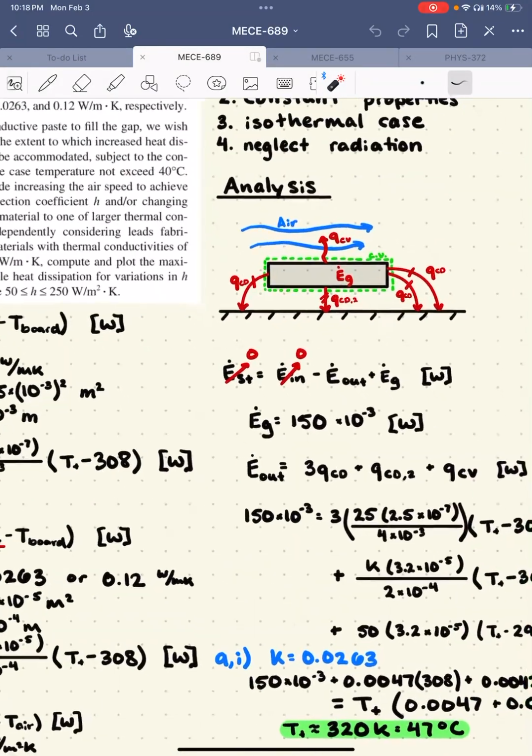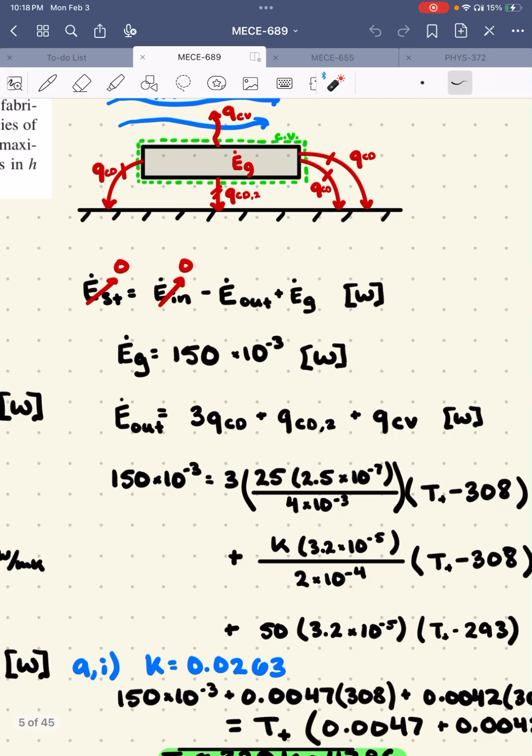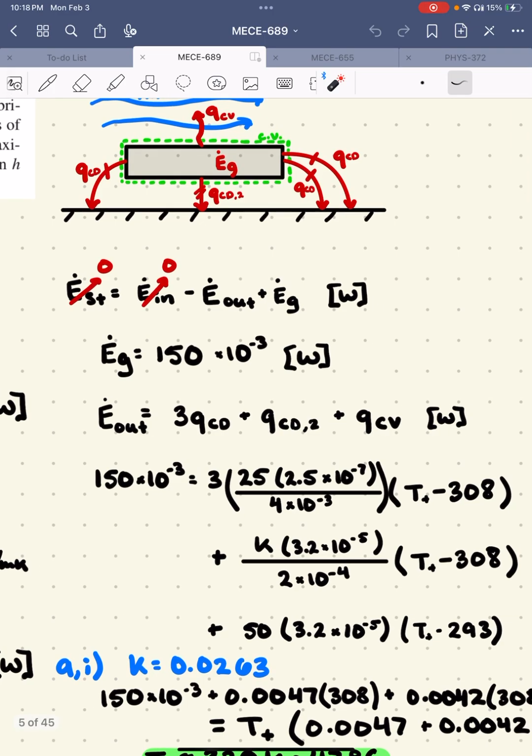So to start out, we have the energy balance equation, where energy stored is equal to energy in minus energy out plus E dot generated. And we're given that the transistor is generating 150 times 10 to the minus 3 watts. And we know that there's no E in, and it's steady state, so E stored is 0.